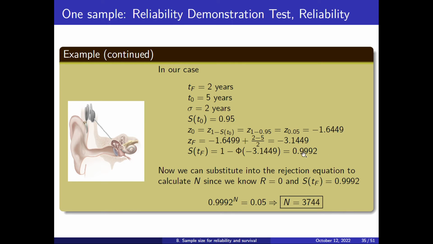So you see the survival time after 2 years is 0.999. So only 8 out of 10,000 will be broken. So that requires a lot of devices to be tracked, because otherwise we cannot see any of these breaks. Actually, we want no break in 4,000.